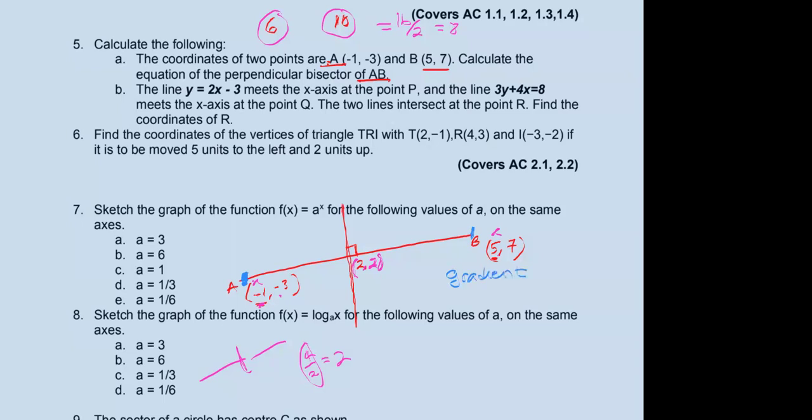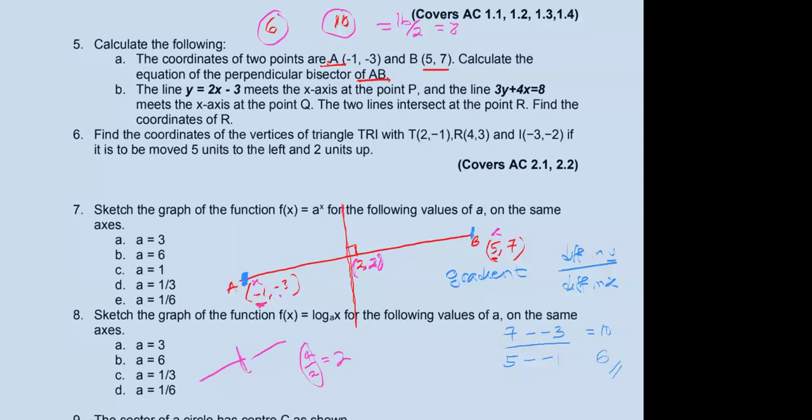The gradient is the difference in y divided by the difference in x. The difference in y is 7 minus -3, which is 10. The difference in x is 5 minus -1, which is 6.